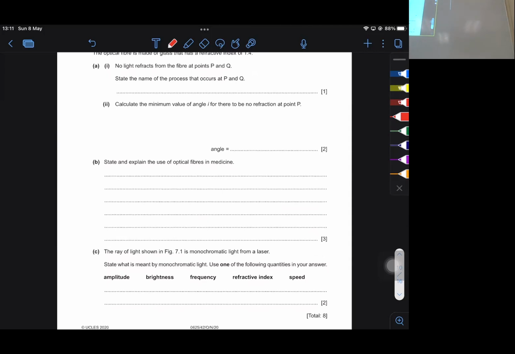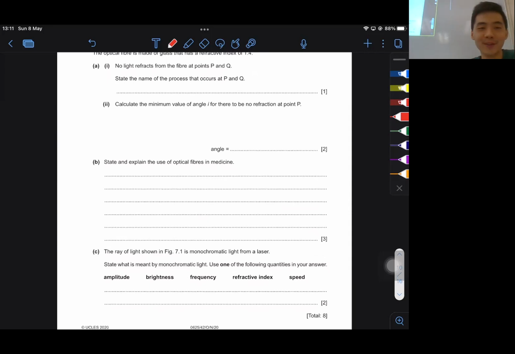What is meant by monochromatic light? Use one of the following. Do you know? Laser is a form of monochromatic light. They have single what? But here there's no wavelength, so you choose the next option. Single amplitude or brightness? Refractive index? Of course not.